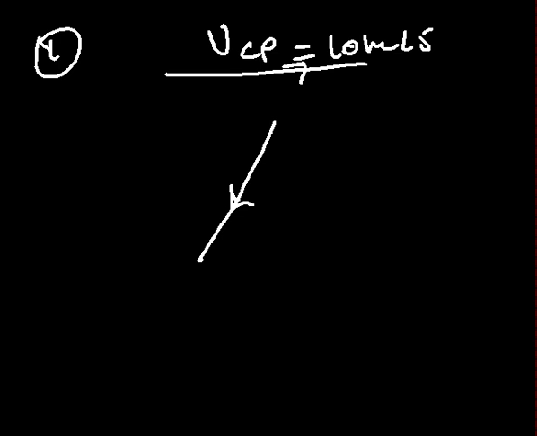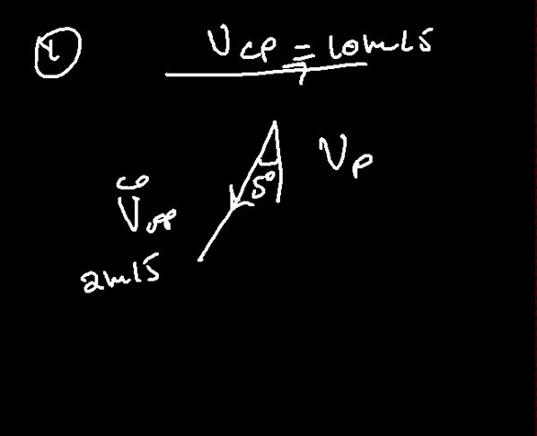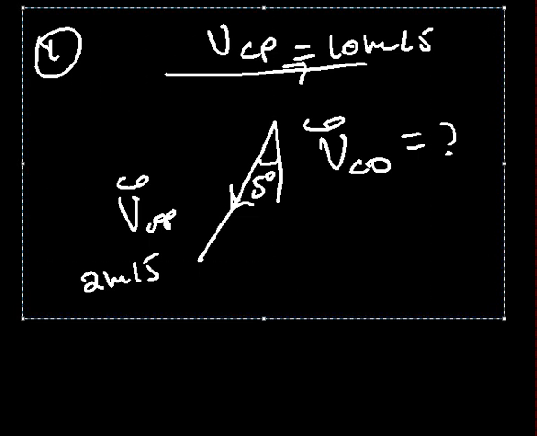And let's say we have another one at an angle of 5 degrees with respect to the vertical, VOP. Let's say the velocity is given as 2 meters per second. So what is VCO, if that is the case? That is the direction as well as the magnitude.